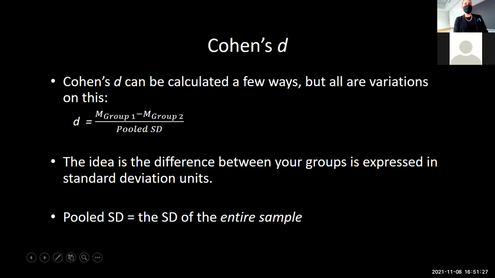When I say pooled standard deviation here in this equation, it means the standard deviation of the entire sample. So if I want to look at the difference between people who are in the morning class and people who are in the afternoon class, I would take the mean from the morning class and the mean from the afternoon class, and I would divide it by the standard deviation of everyone. That's the pooled standard deviation.